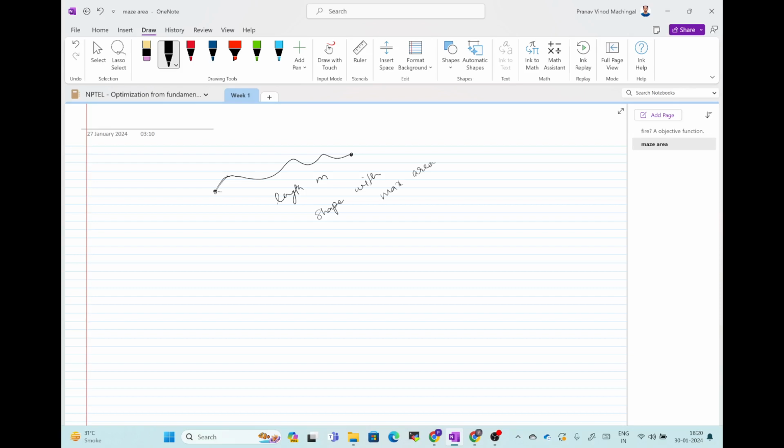So if I ask you what is the shape with the maximum perimeter by joining the two ends of the rope, what will that be?